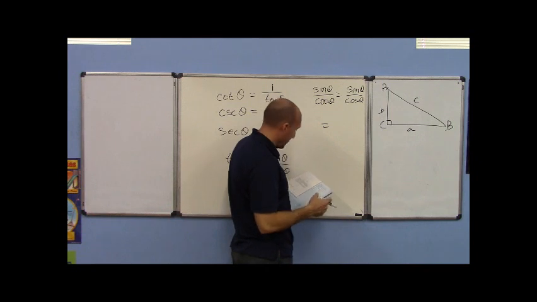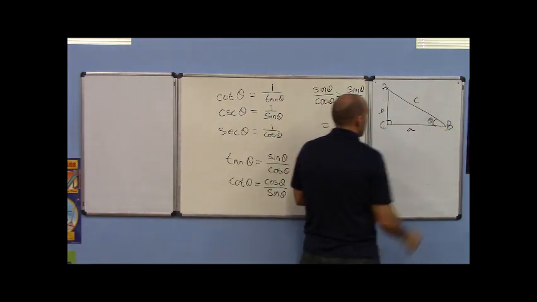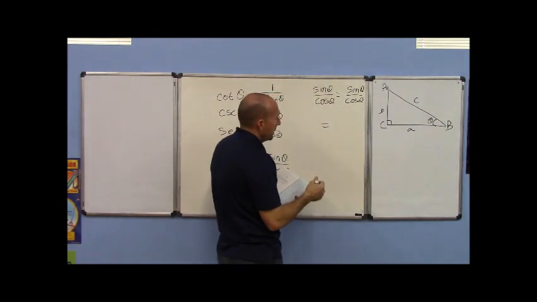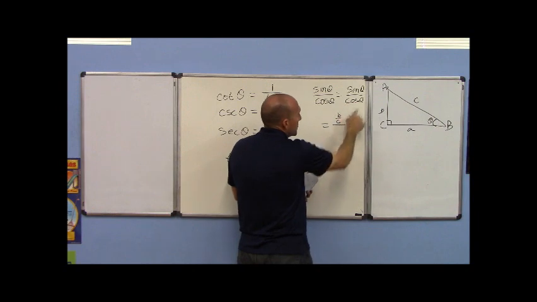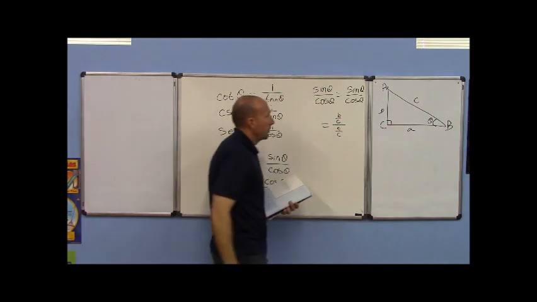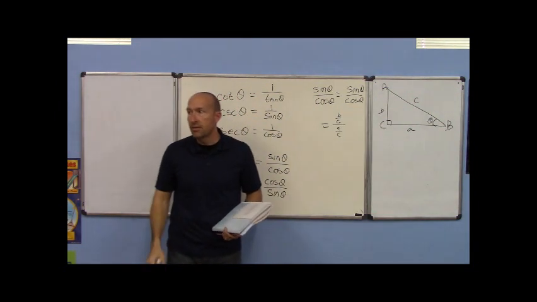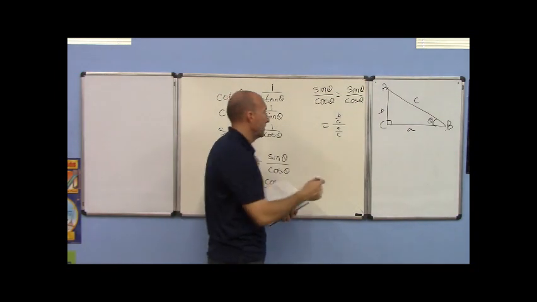So the sine of theta, and we'll talk about this angle measure here. The sine is opposite over hypotenuse. Cosine is adjacent over hypotenuse. Well, do we like to divide fractions by fractions? No, we don't. We like to rename it.